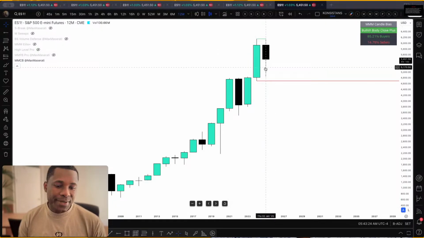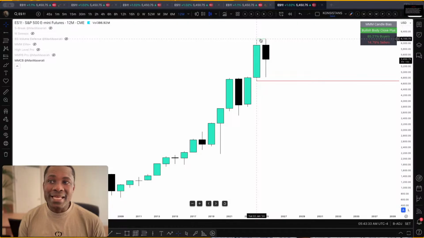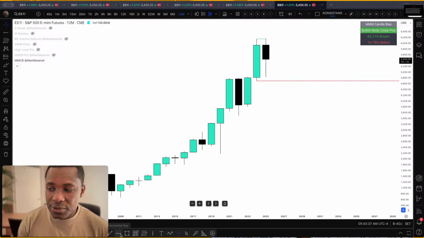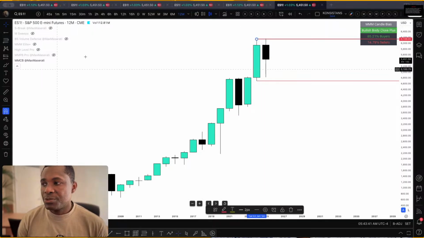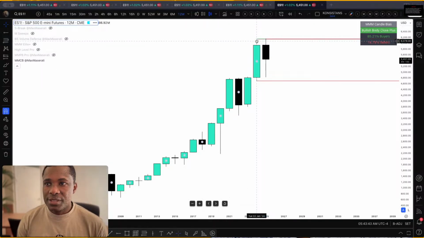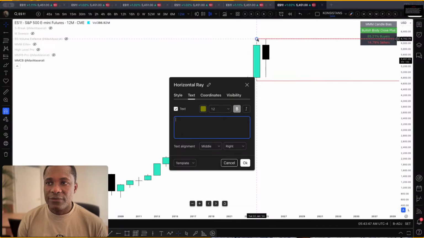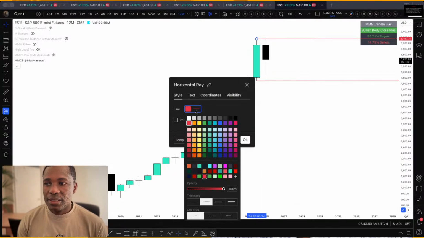We cannot guarantee that it will push up and body close. However, we know that price will at least take the high of the previous period. So we had a bullish body close with 85% buyers, and we expect price to go to the top.